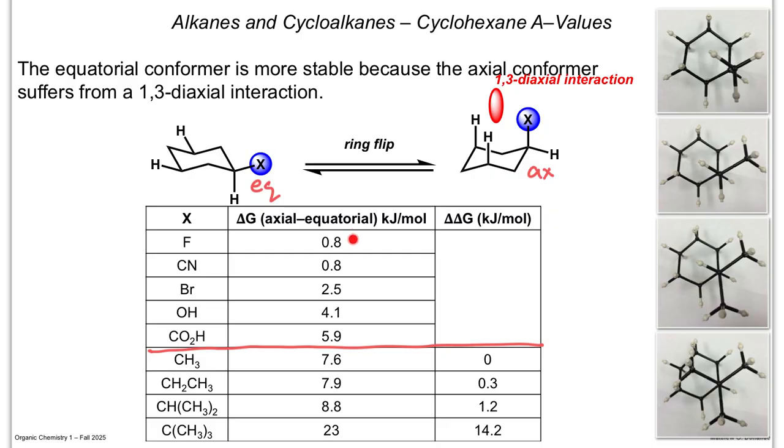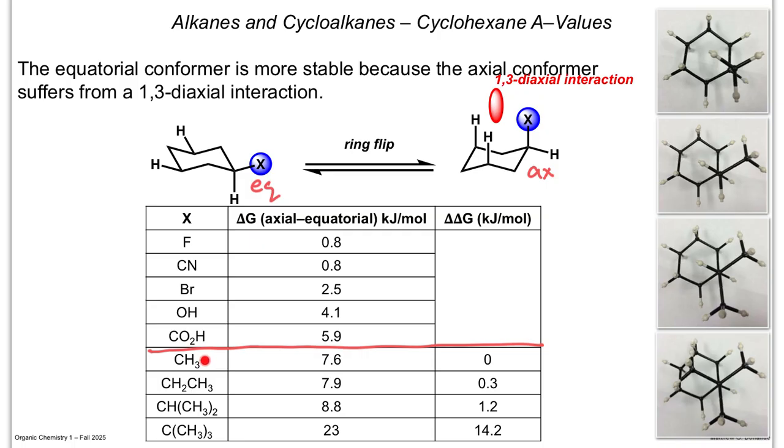It's basically saying that for fluorine, the axial conformer is 0.8 kilojoules per mole higher in energy. Yeah, axial is higher. The reason I drew this line here between the acid and the methyl, as we'll see in these pictures here.